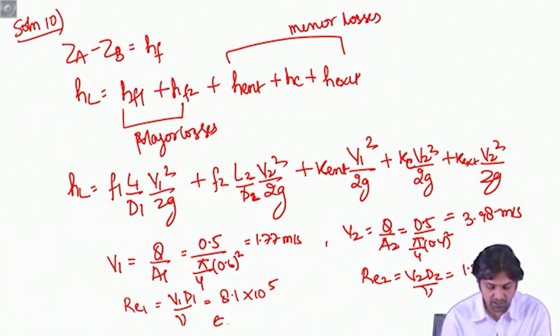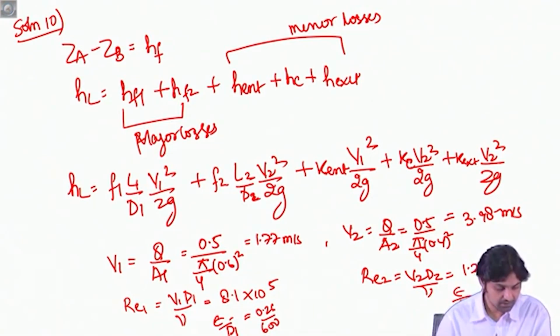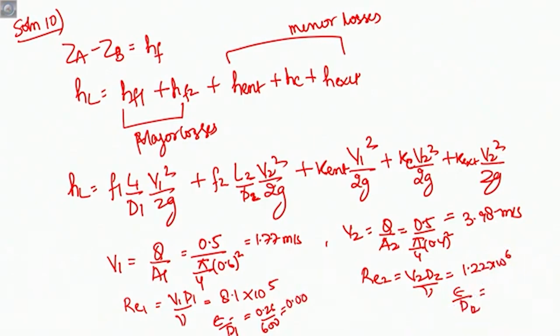Okay. So we have calculated RE1, we have calculated RE2. Here epsilon by D1 will be 0.26 divided by 600, and here epsilon by D2 is going to be, so this comes out to be actually 0.00043, and this one comes out to be 0.00065.